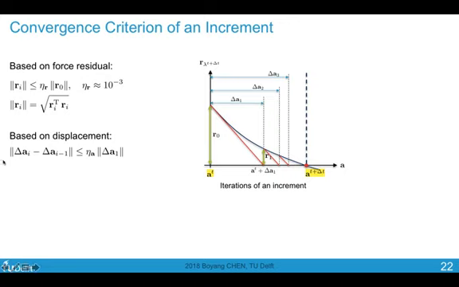One type of this convergence criteria based on displacement would be to look at the displacement correction with respect to the initial estimate of the incremental displacement. And a third convergence criteria is based on energy, which is basically the product of the residue times the displacement correction. And here, if this sort of correction energy is small enough compared to our initial energy, then we can consider it as converged.